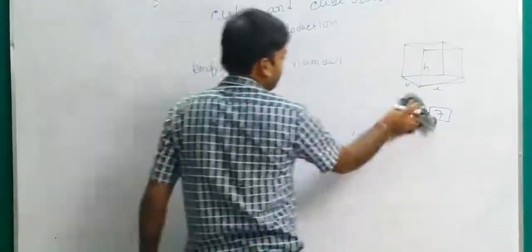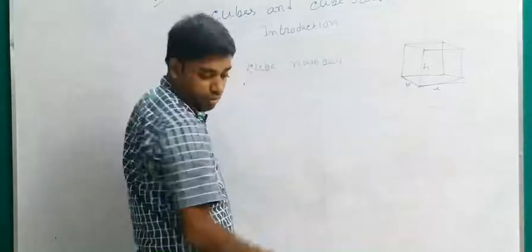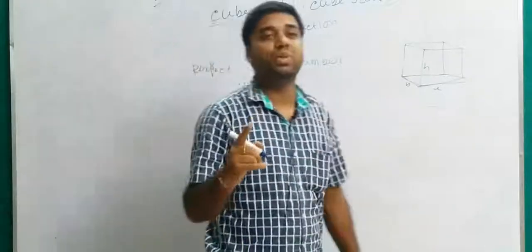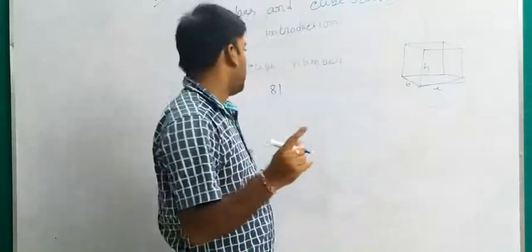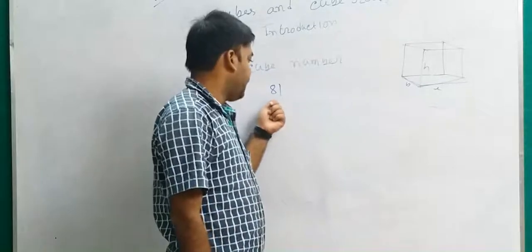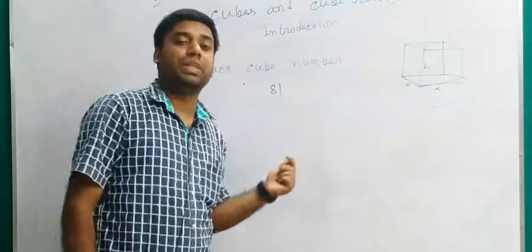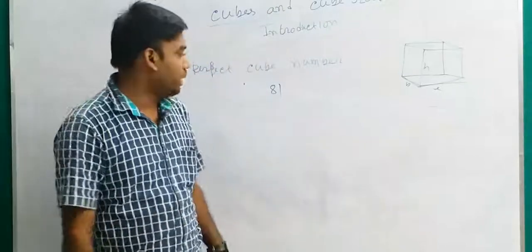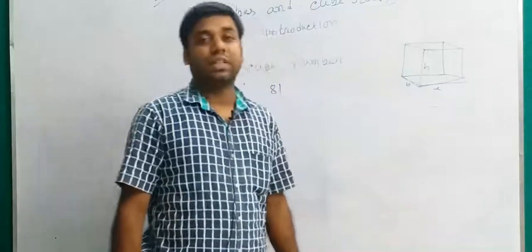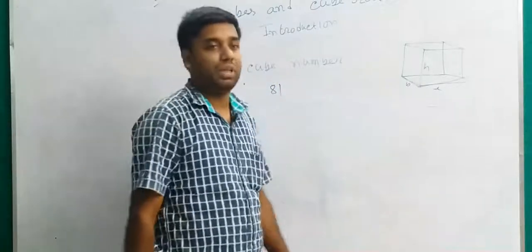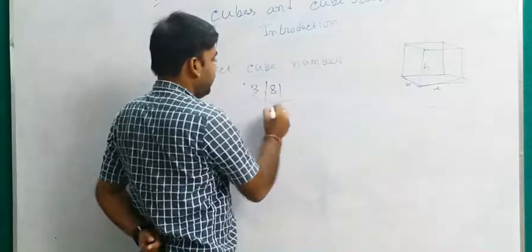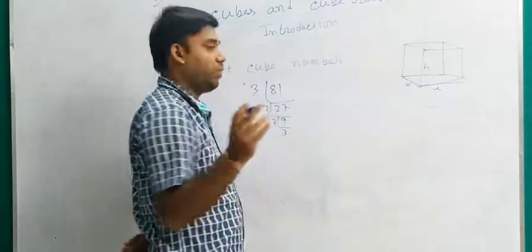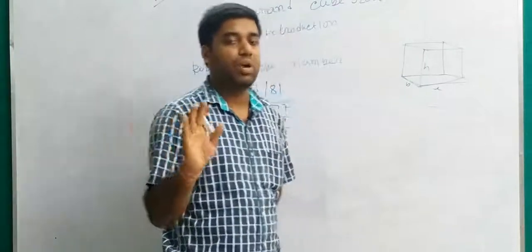Next question. 81. Listen carefully. By which number should 81 be divided so that the resultant will be a perfect cube number? Let us check. 3, 27, 3, 9, 3. So from the question it is clear that 81 is not a perfect cube number.